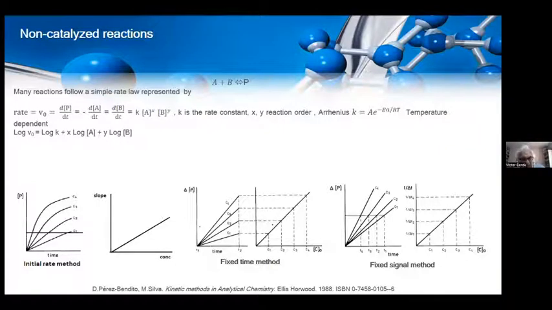In non-catalyzed reactions, usually we measure the product of the reaction.